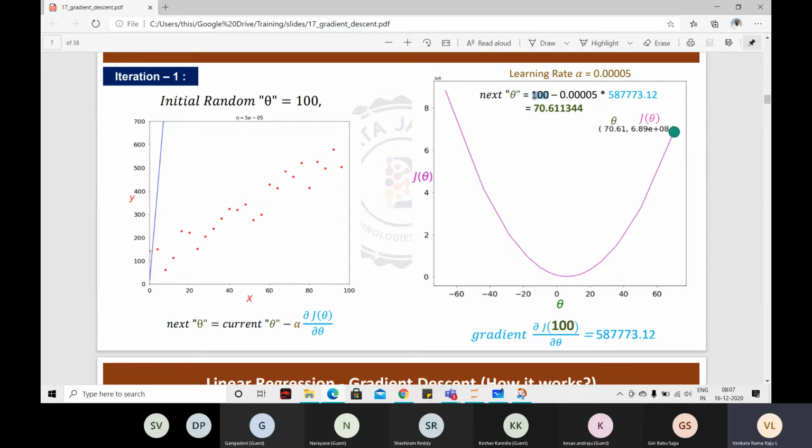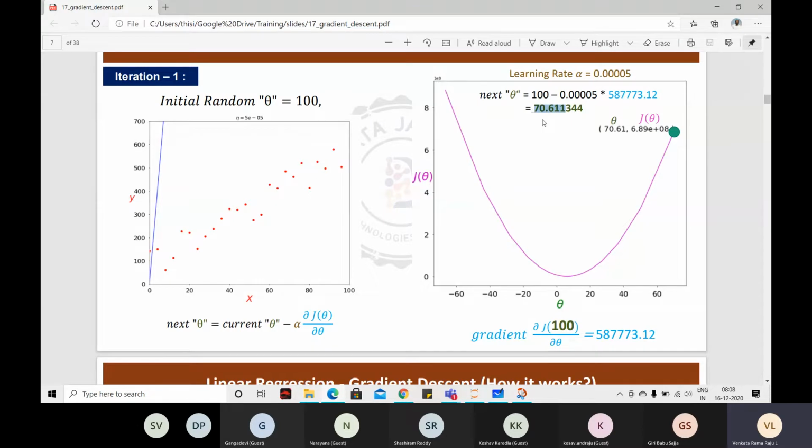I am reducing that slope from 100 by multiplying with some number. Don't be worried about this number also. I'll explain. By end of this class, you will get more clarity. Even if you have more confusions, I'll take one more class. Don't be worried. So I am taking the slope and multiplying with this number and reduced it. See that? 100 reduced to 70.